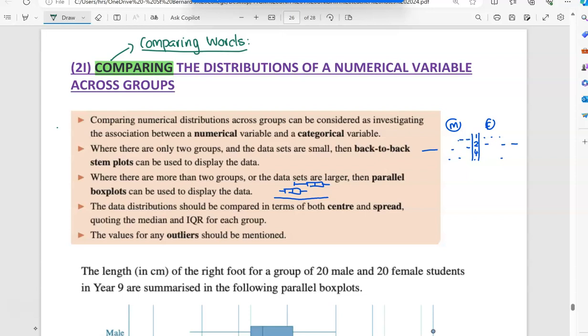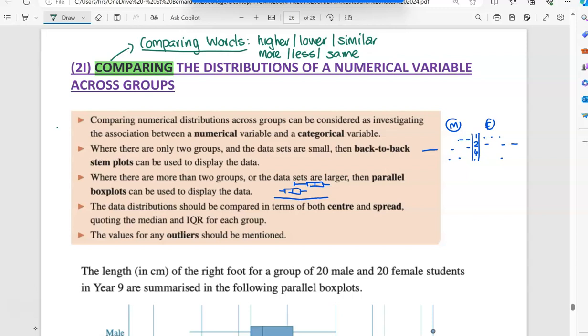Comparing means you look at both of them. So comparing words could be things like higher or lower, or similar, or more or less or the same. If we don't see that comparing word, you won't get the mark. So it's pretty important.